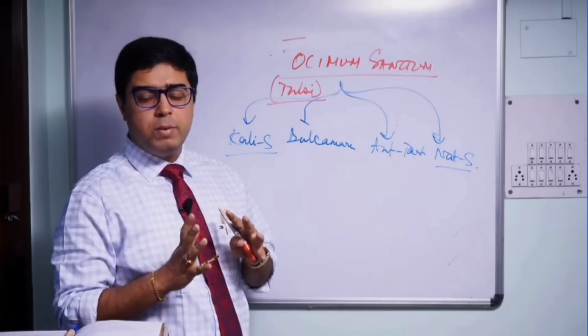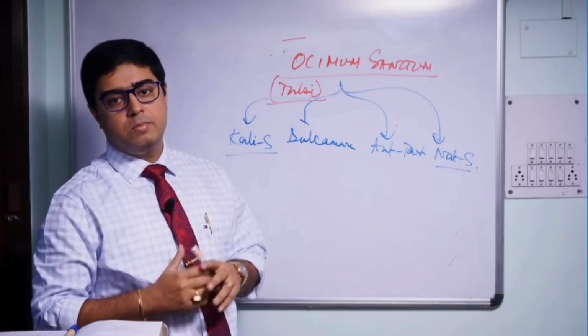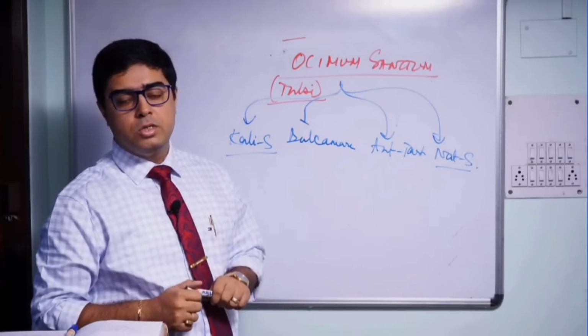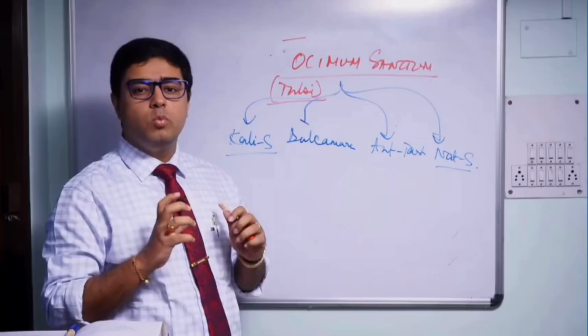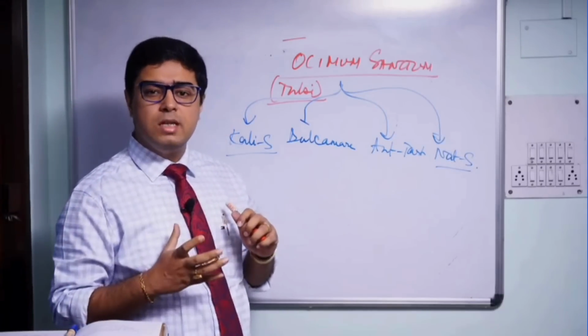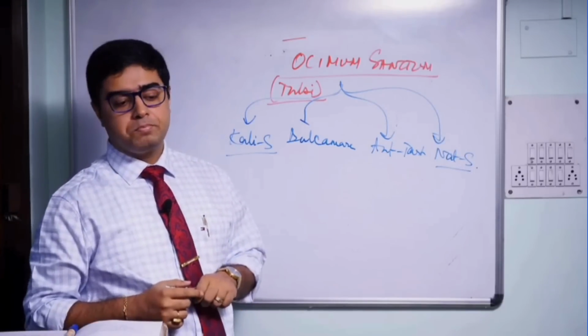So joint and bone pains plus cold plus fever is Ocimum sanctum. Joint and bone pains plus fever is Desmodium. So with cold symptoms, with cough, with mucus, and joint pains, soreness in the muscles, plus fever, that's more suited to Ocimum sanctum.